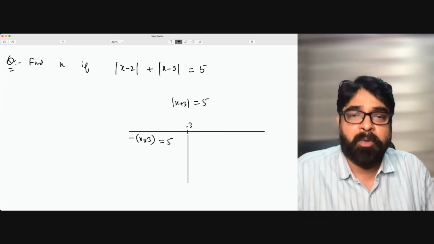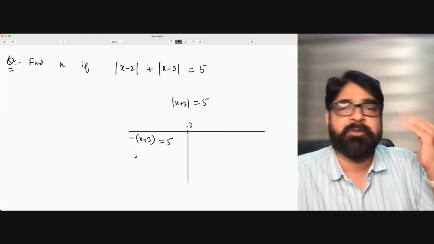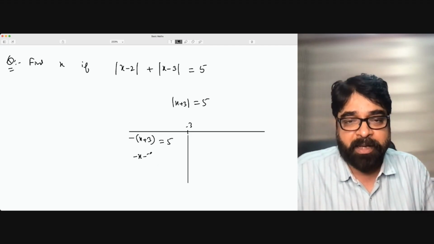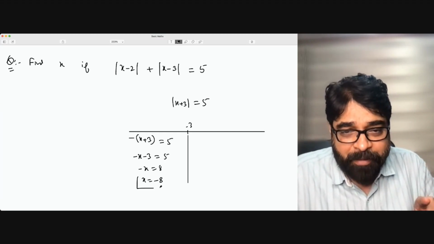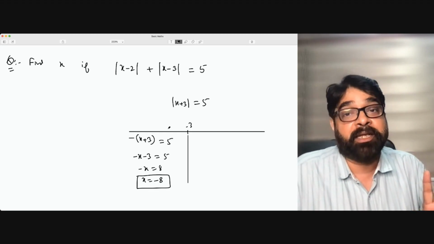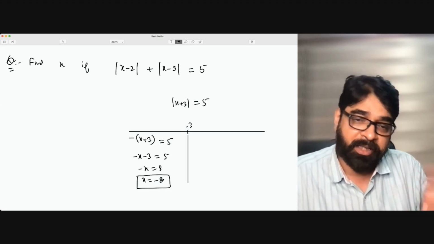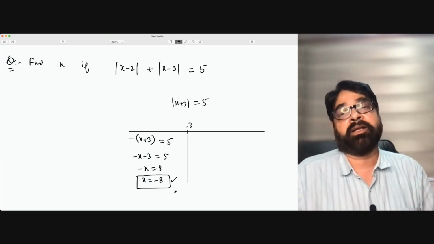If this is negative, for the mod, I have to keep a minus sign in front. I will solve in this area. Minus x minus 3 equal to 5. Minus x equal to 8. X equal to minus 8. But whatever answer is coming, it should satisfy our condition. We are solving before minus 3. Is it a number before minus 3 or not? Yes. So this is the accepted answer.